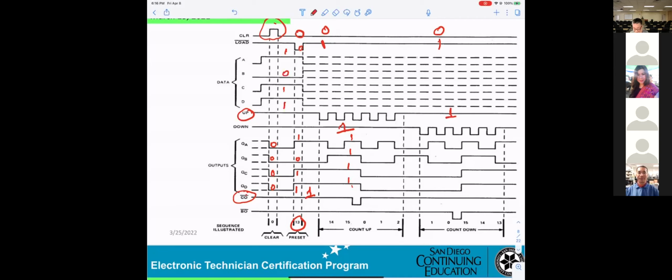That's a requirement. And they telling you they can count down. Okay, 1 to 0 and to 15, 14, 13. That's going down. Only I want to make sure you understand for borrow output BO. BO normally high, when they go low.